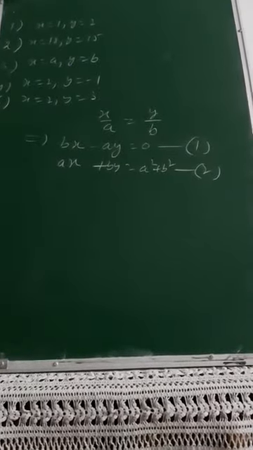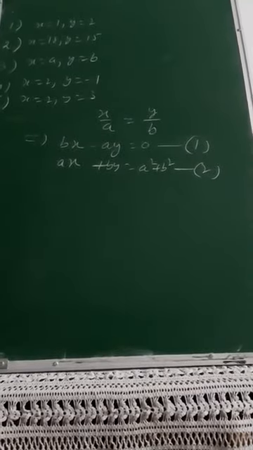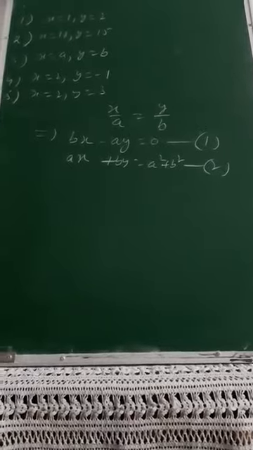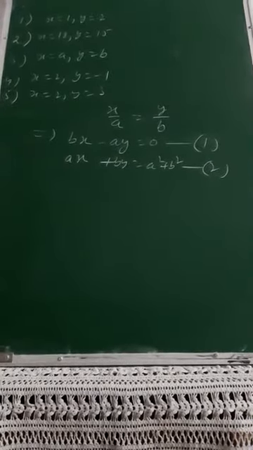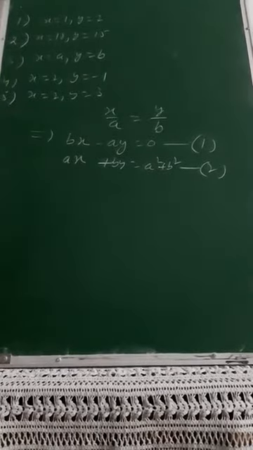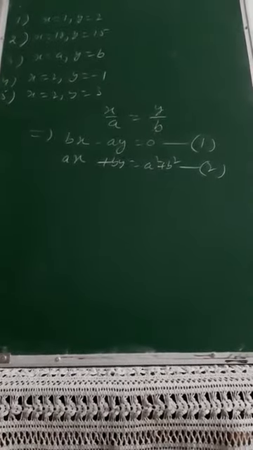This is my equation number 2. So now I need to get the value of x and y. As I told when I was writing this question yesterday in your assignment, your answer definitely will be in terms of a and b, and you can see x is equal to a and y is equal to b. But how should I do it?